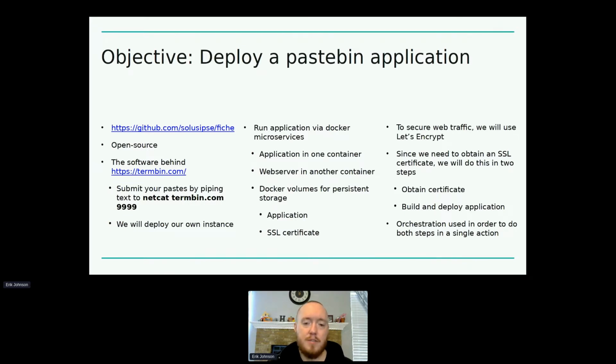And we'll also be using 2 Docker volumes, one to store the pastes from the application, and one to house the SSL certificate. And the reason for that second one is because we'll be doing this in 2 stages. The first stage makes the request to get the SSL certificate, and it has to have a place to put it. So we put it in a Docker volume, and that allows the Nginx container to reuse that SSL certificate for itself.